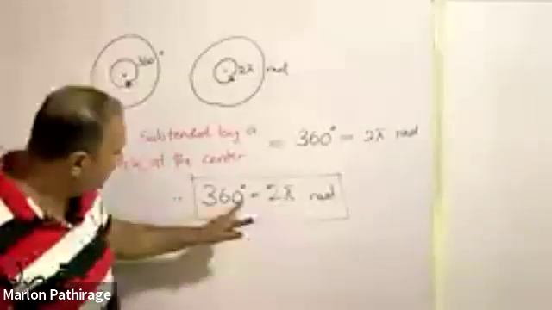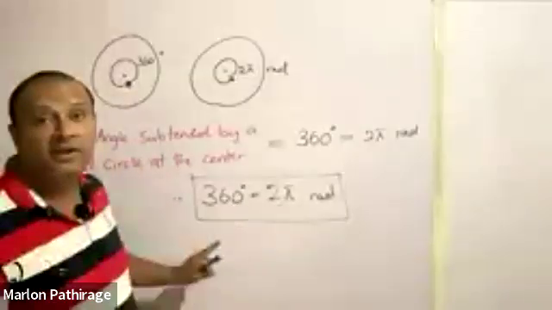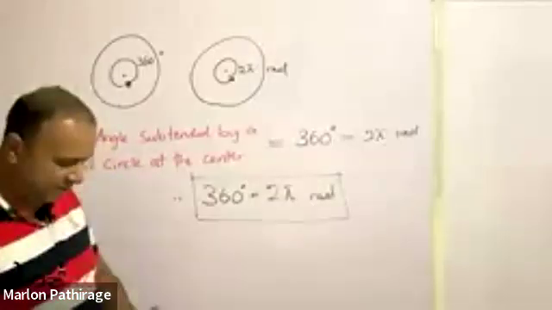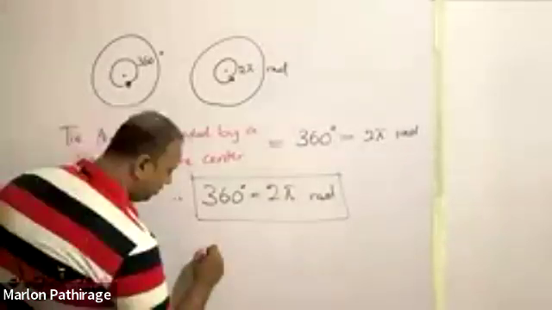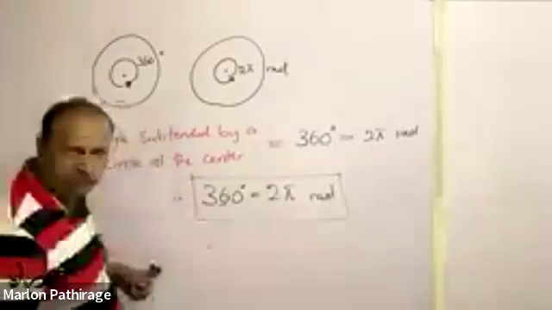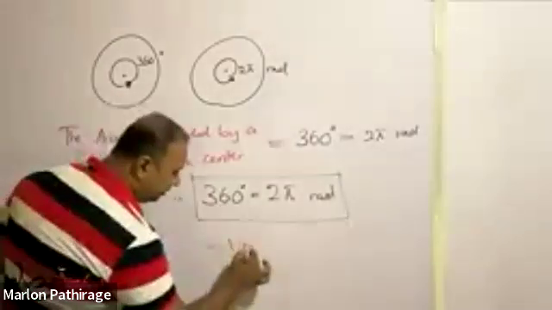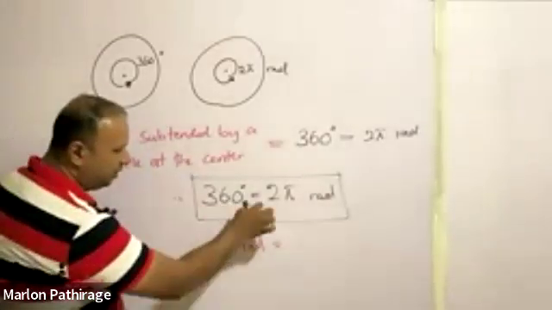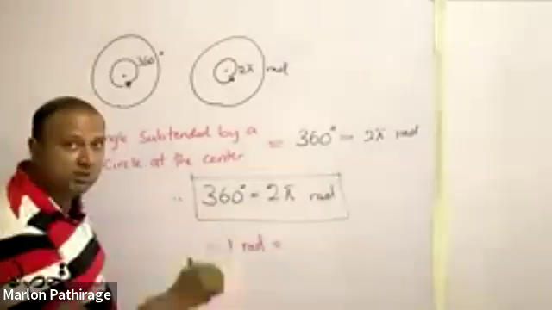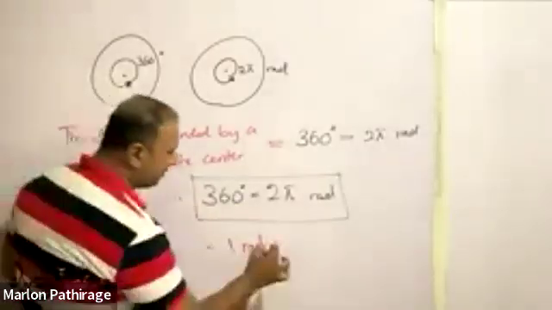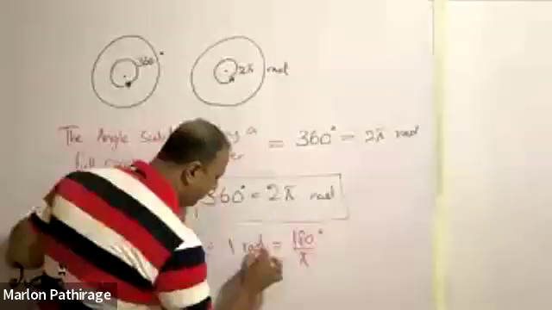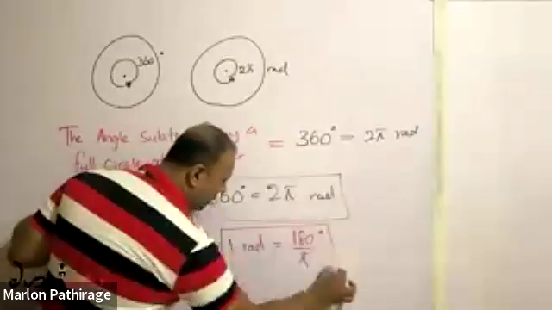Therefore, 1 radian is equal to 360 divided by 2π, that means 180 over π degree. This is equal to 1 radian.